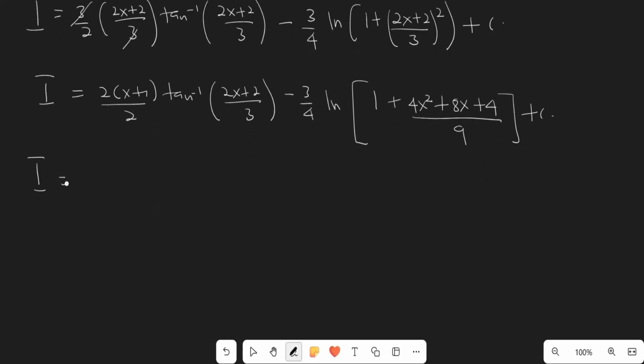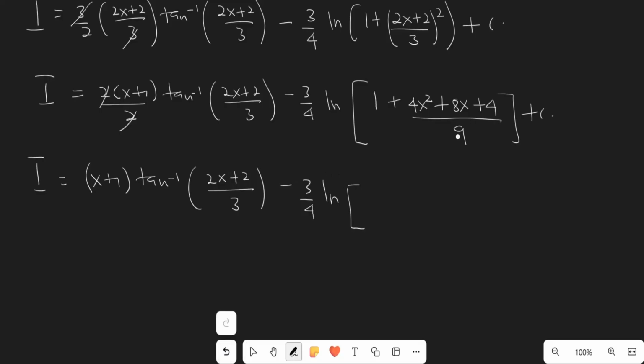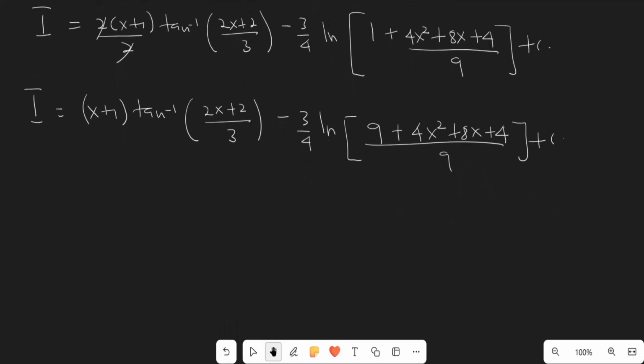So I is going to be equal to, this cancels that, and you have (x plus 1) times the tan inverse of (2x plus 2) all over 3 minus 3 over 4. And then what? 3 over 4 ln. So multiply 9 out, that becomes 9 plus (4x squared plus 8x plus 4) all over 9 plus the constant of integration.